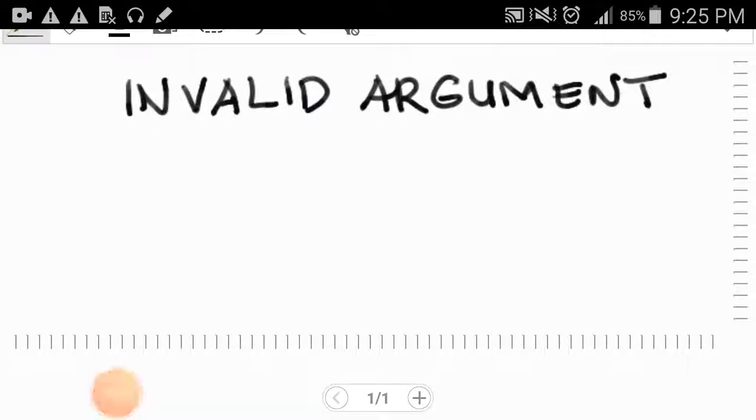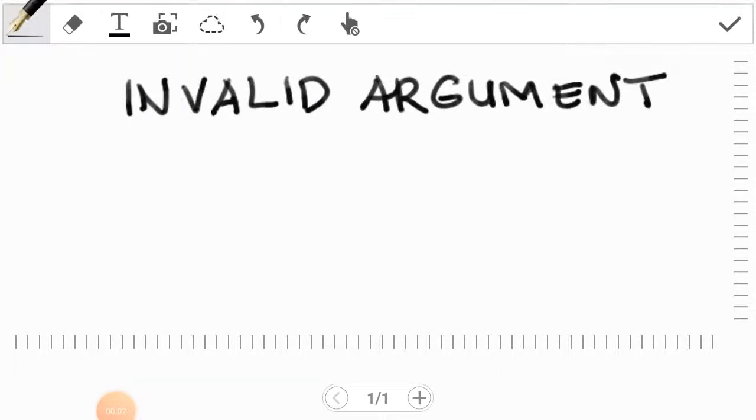Hello again to everybody. For today, we have one more section to discuss, and this is entitled Invalid Arguments. In the previous lessons, we've been looking at arguments.